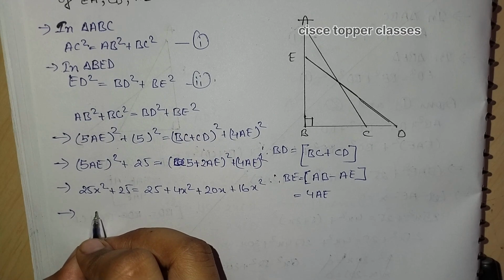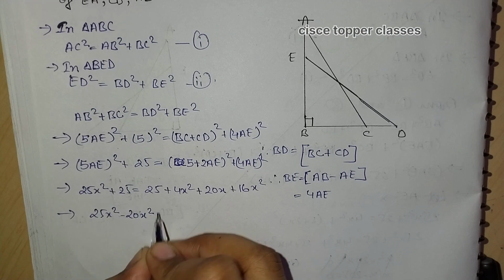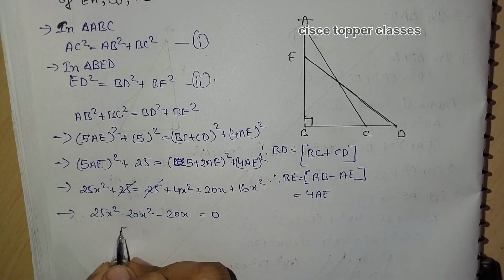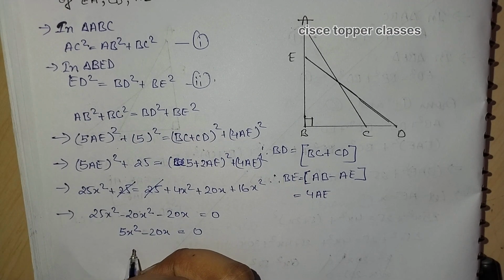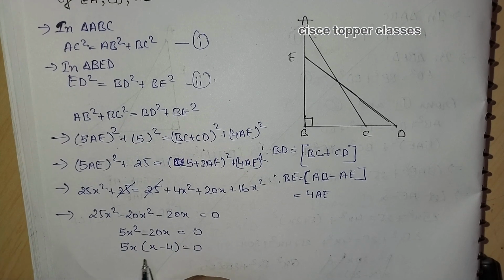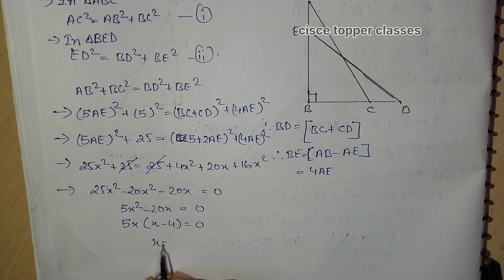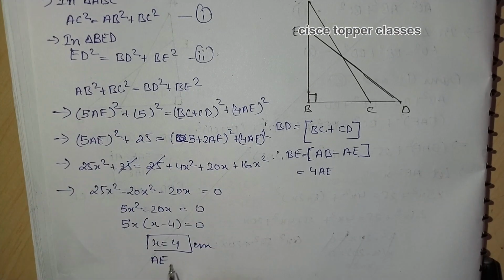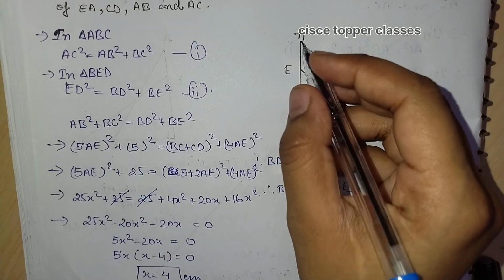On simplifying we will get 25x square minus 20x square, 25 will be cancelled out, and we get minus 20x equal to 0, so 5x square minus 20x equal to 0. On taking common we will get 5x times (x minus 4) equal to 0. x will be 0 as the first factor, but we will not take that, and we get x equal to 4 centimeter. We let AE be x, so AE is equal to 4 centimeter.